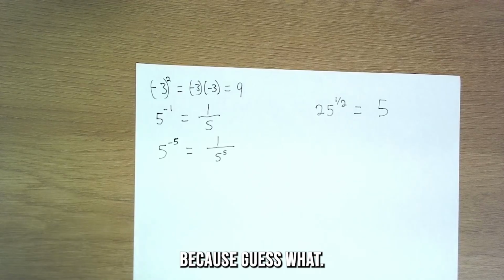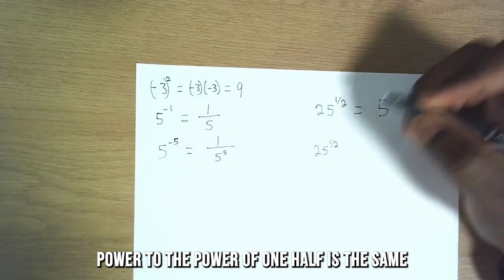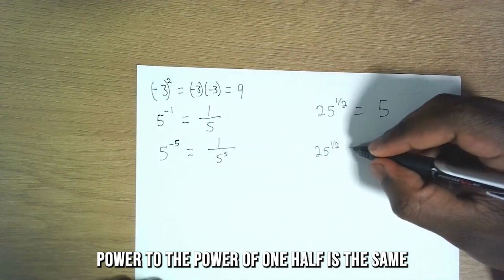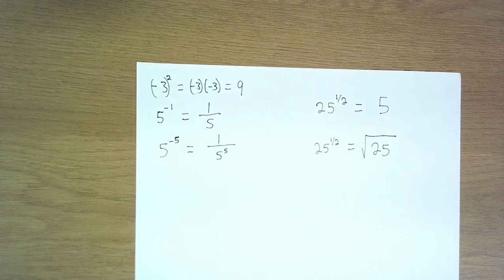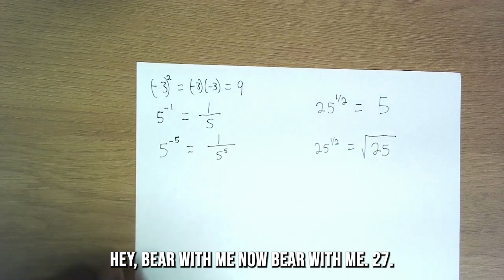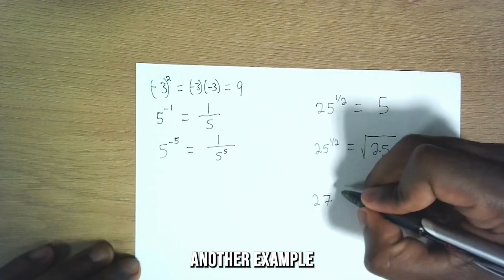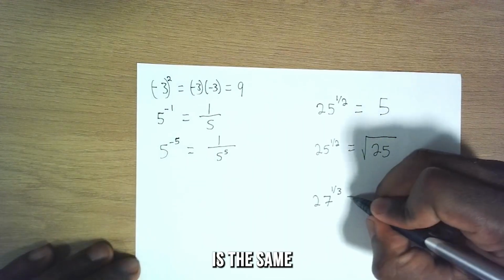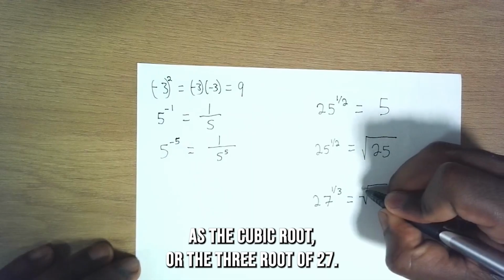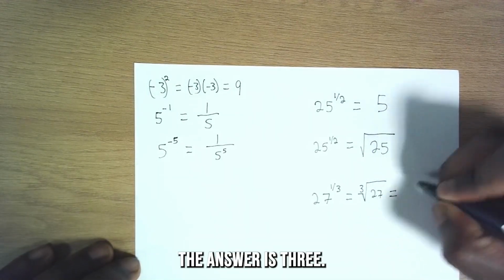Because guess what? 25 to the half power, to the power of 1/2, is the same as the square root of 25. Bear with me now. Another example: 27 to the power of 1/3 is the same as the cube root, or the third root, of 27. The answer is 3.